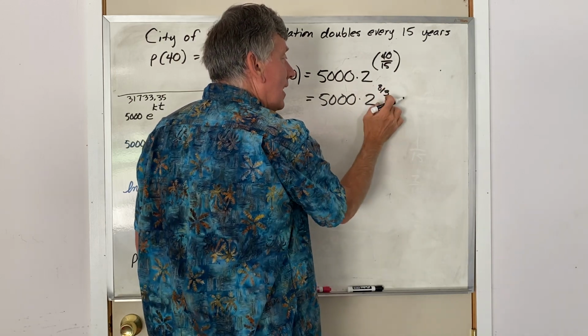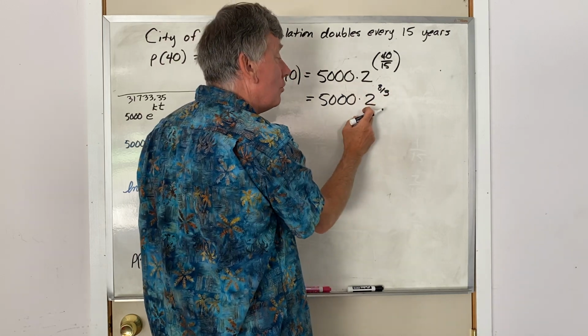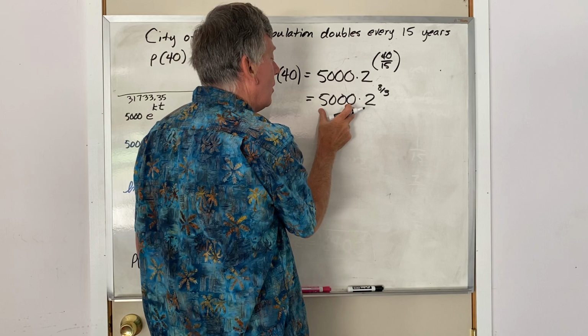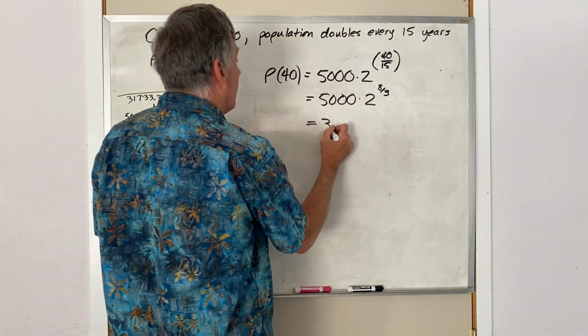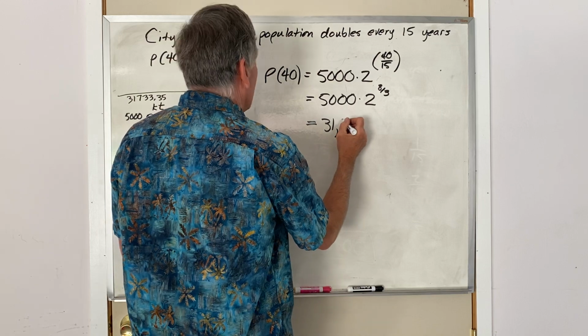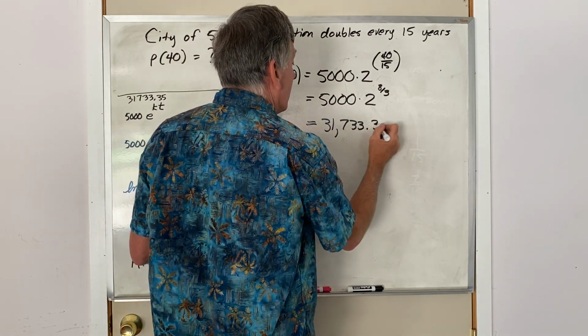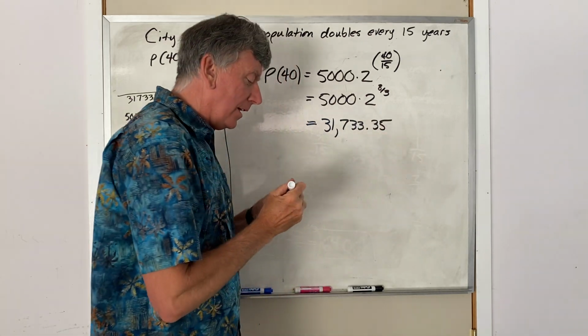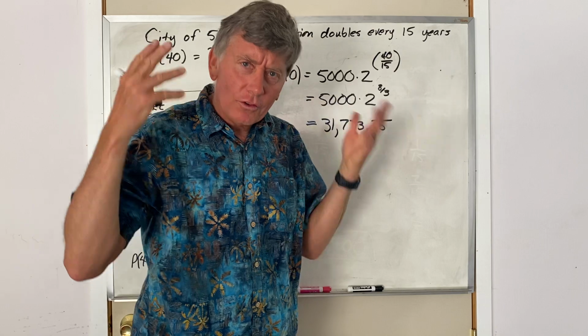I type in 8 divided by 3, then take 2 to that power, then multiply times 5,000, and I get 31,733.35.